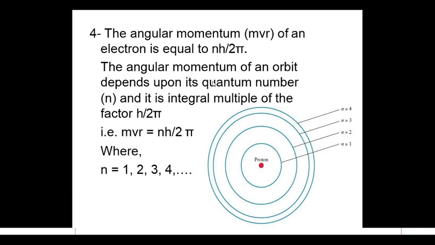So you can write it as mvr equal to n into h by 2 pi, where n gives you the number of the shell or orbit, that is n equal to 1, 2, 3, 4, etc. So angular momentum is an integral multiple of h by 2 pi.